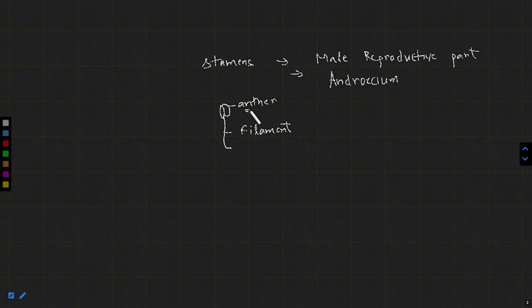Now after the dehiscence of the anther, pollens are released. Okay, so we have studied in the previous lecture that anthers are usually bilobed and each lobe consists of 2 pollen sacs, and the pollen sacs consist of the pollens. Clear? So the anther consists of 2 lobes.